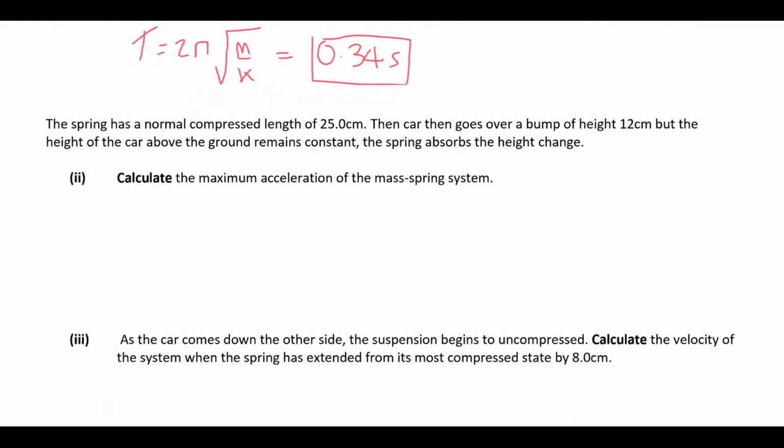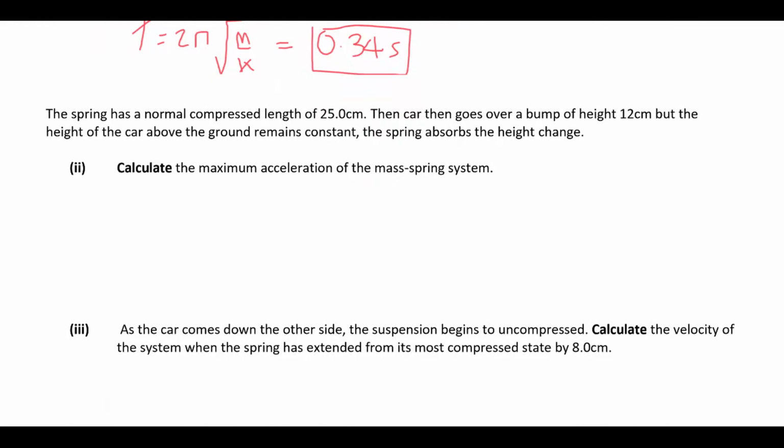So it's going over a bump of height 12 centimeters. So the key with that is if it goes over a bump of height 12 centimeters, it's been displaced from the equilibrium position by 12 centimeters, which will be your maximum displacement or your amplitude. So that's the amplitude, and to get maximum acceleration, you need 2 pi f all squared a, which is equal to 2 pi over T all squared a.